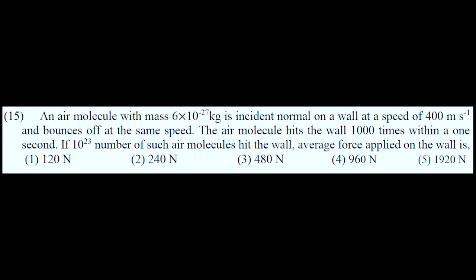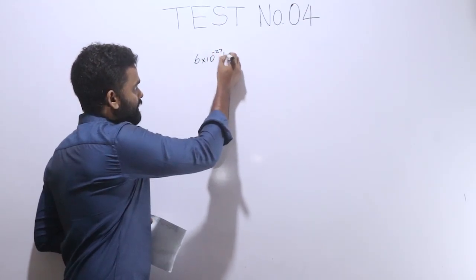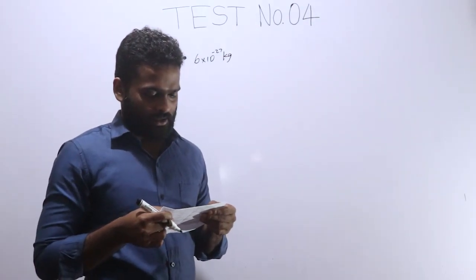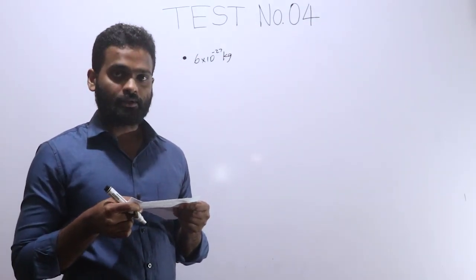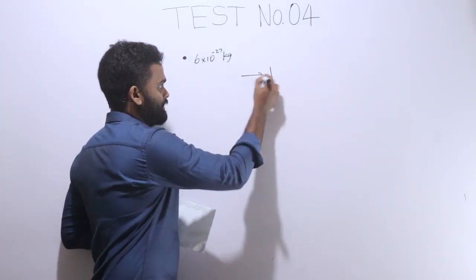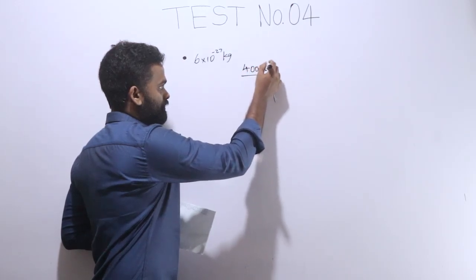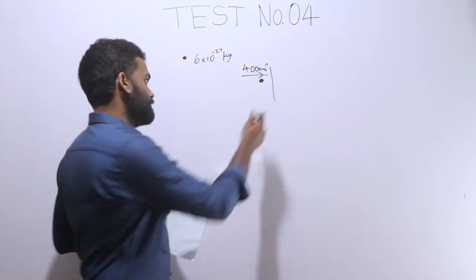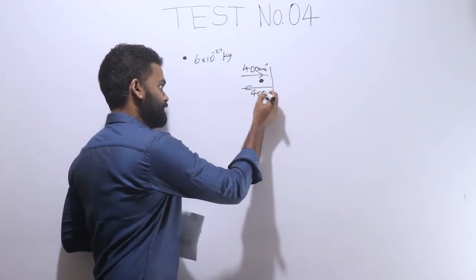Okay, the last question of the paper is 15. An air molecule with mass 6 times 10 to the power minus 27 kilogram. So this is the mass of the air molecule. It is incident normal on a wall at a speed of 400 meters per second and bounces off at the same speed, 400 meters per second.